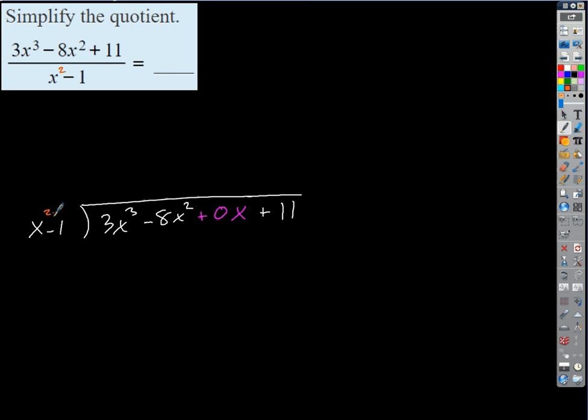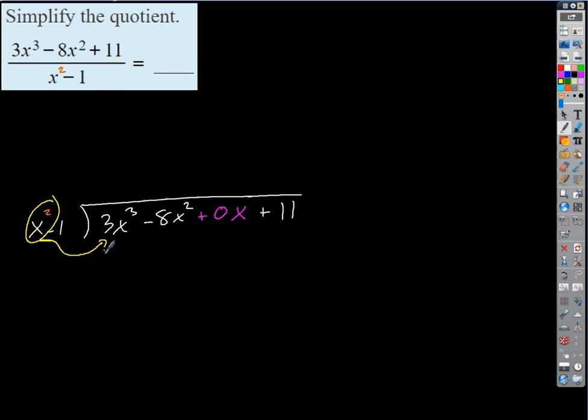Okay? So what do we do then? We're just going to ask the question, how many times does x squared minus 1 divide into 3x cubed? And really all we care about is just the x squared part. So we're going to ask, how many times does the leading term there divide into the leading term there?